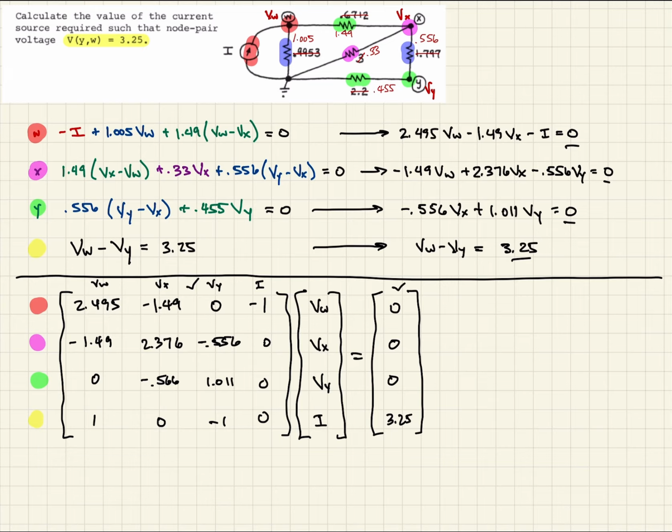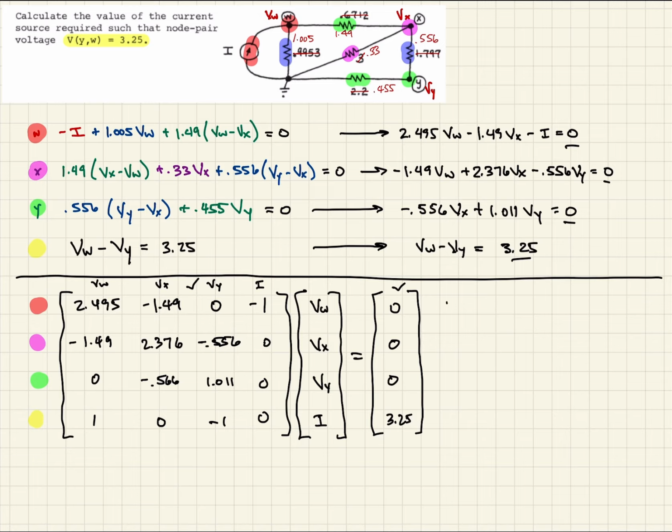And when we do, what we come up with then is Vx is equal to 5.38 volts. Let me rewrite this, I started off on the wrong variable. Sorry about that.